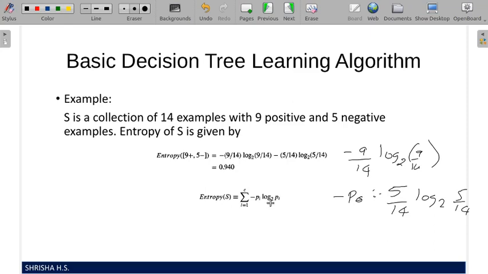In this case 2 are there, so i takes 2 values: a positive example and a negative example. This is the generalization. If we use the same formula for some other table with 4 or 5 types of classification, then i takes all those 5 classification values. Here only 2 classifications are there, positive and negative, so understanding it for the positive and negative examples is enough.